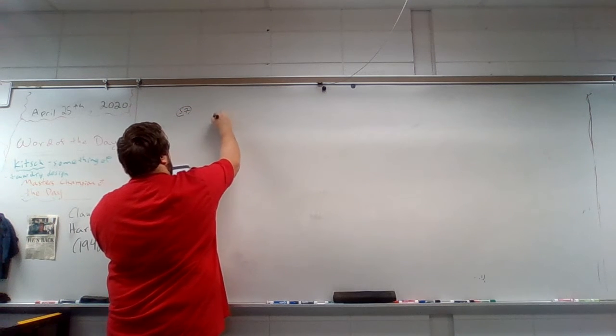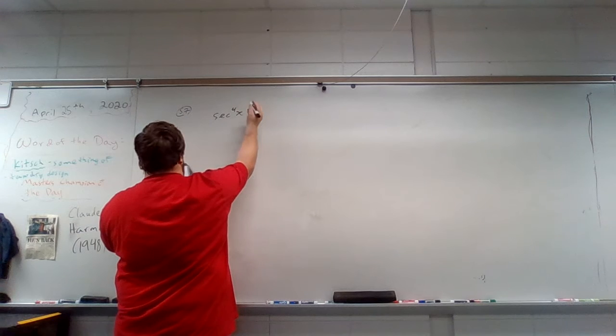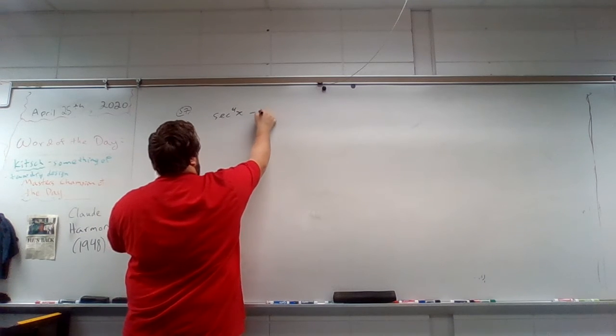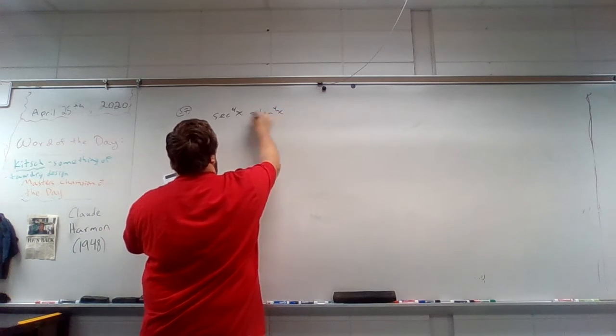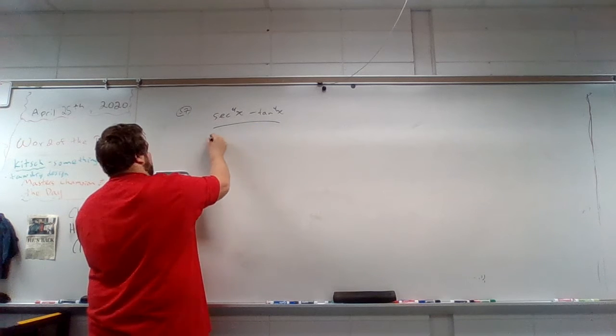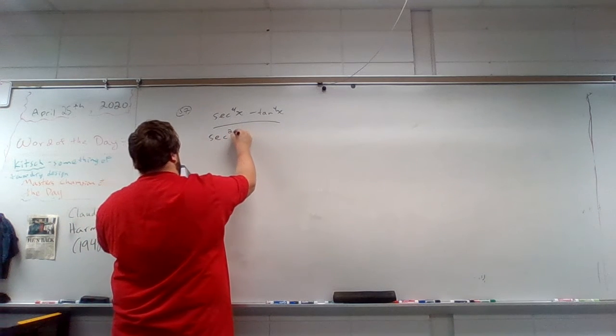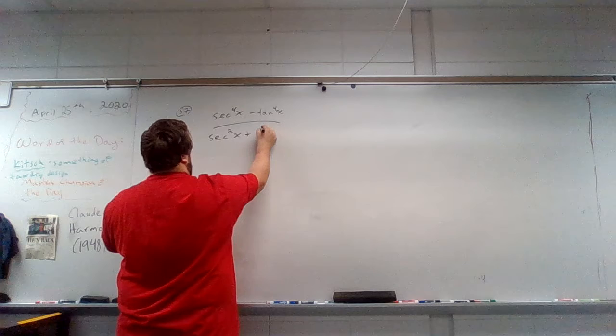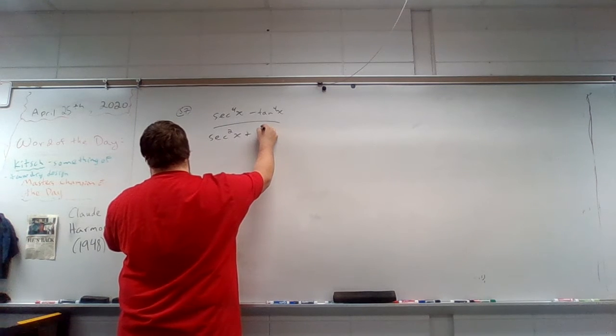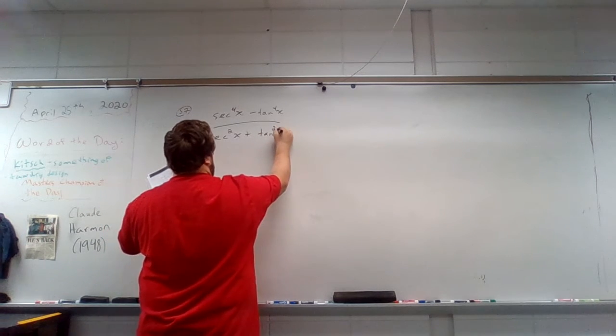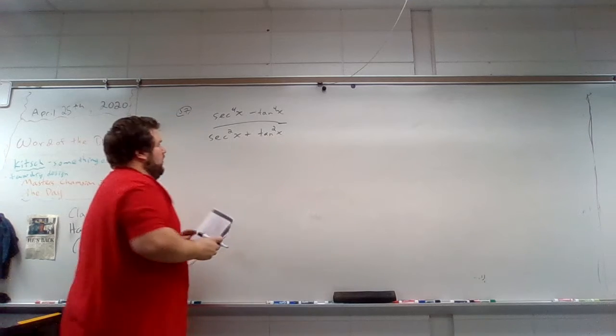I'm going to say this is secant to the fourth x minus tangent to the fourth x. It's just a pain if you have to write it over and over again. Secant squared plus tangent squared. Okay.